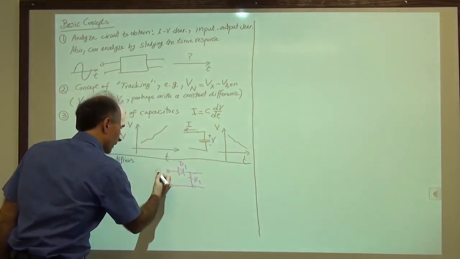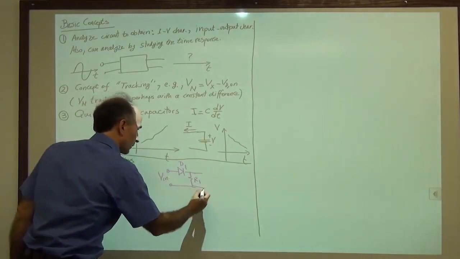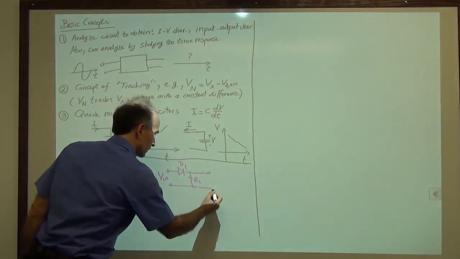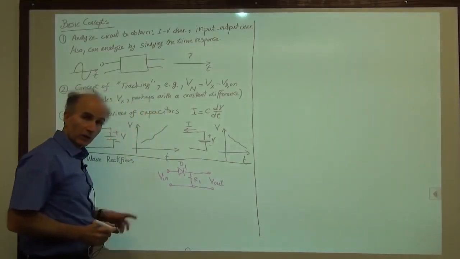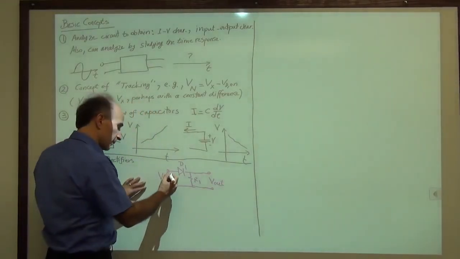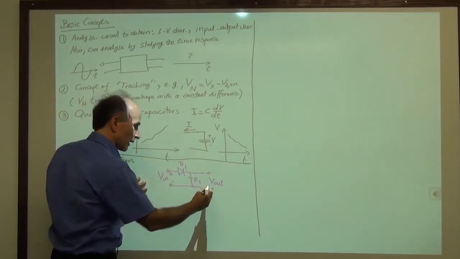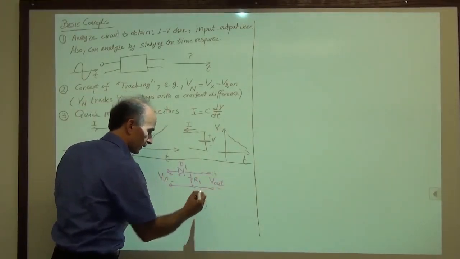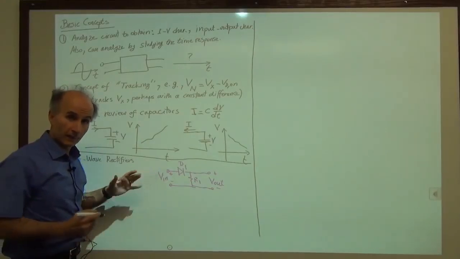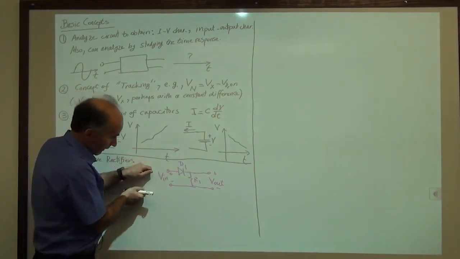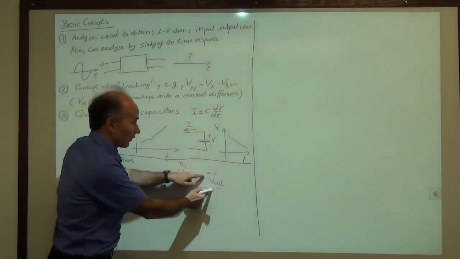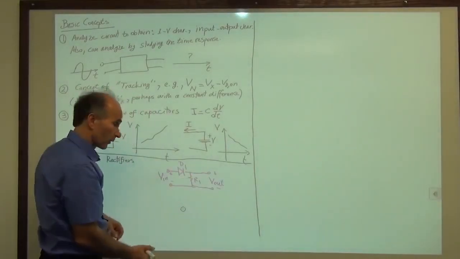Maybe we call this from now on V in, and we call this V out. Whenever I write V in here, I mean V in is positive here, negative here, and similarly V out is positive here and negative here. So V in is applied from outside. We have a voltage source that we haven't drawn. We'll connect this point. And V out is what we measure between these two points.